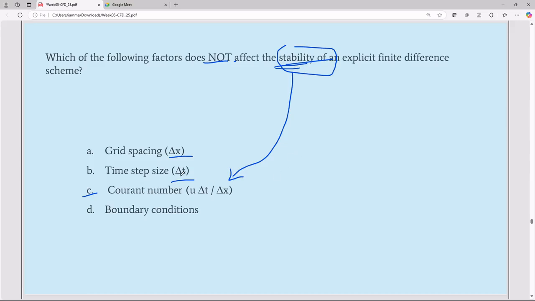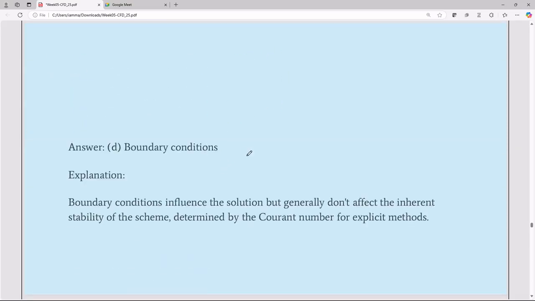So the Courant number is directly related to stability, so it will affect the stability. If you see here, delta t, which is option B, and delta x are there inside the Courant number. So all these three will affect the stability of an explicit finite difference scheme, whereas boundary conditions may not directly affect the stability of the scheme, because boundary conditions are helping to solve the problem.